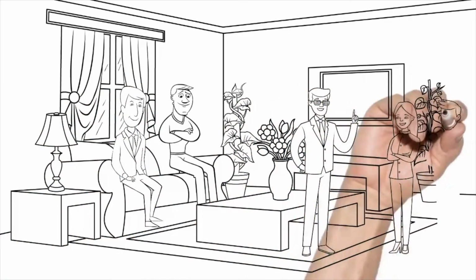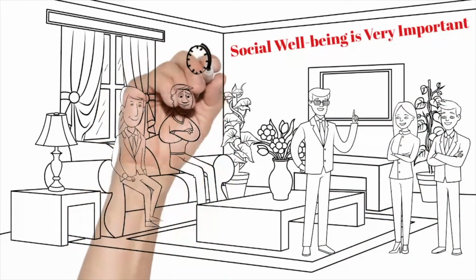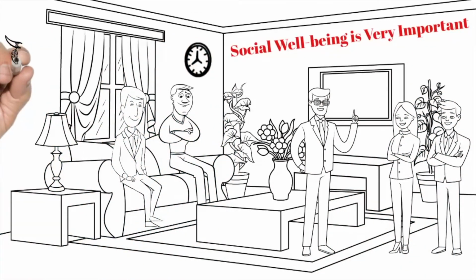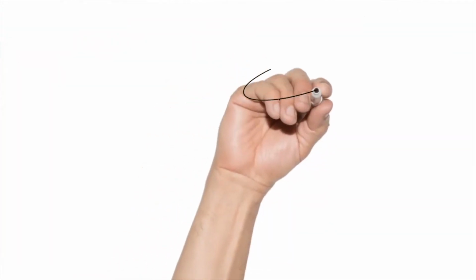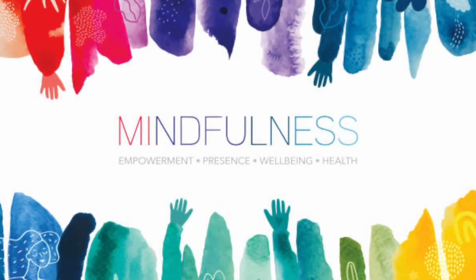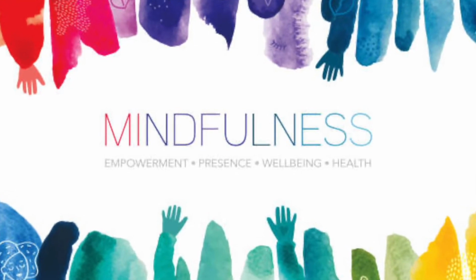We have certain duties as a social animal. We have to interact with our families, our friend circle. All those aspects also account for social well-being, and social well-being is part of overall health.